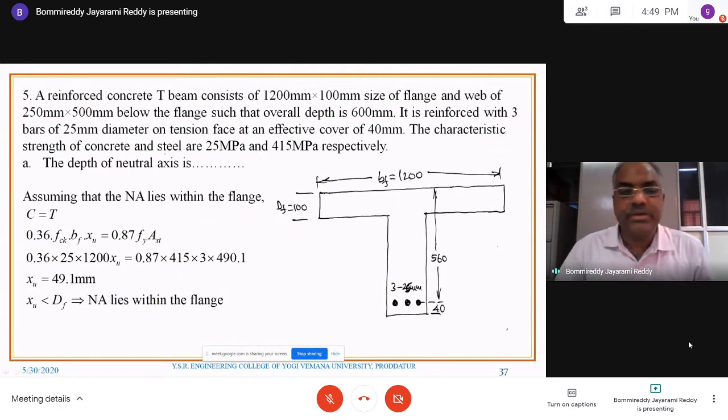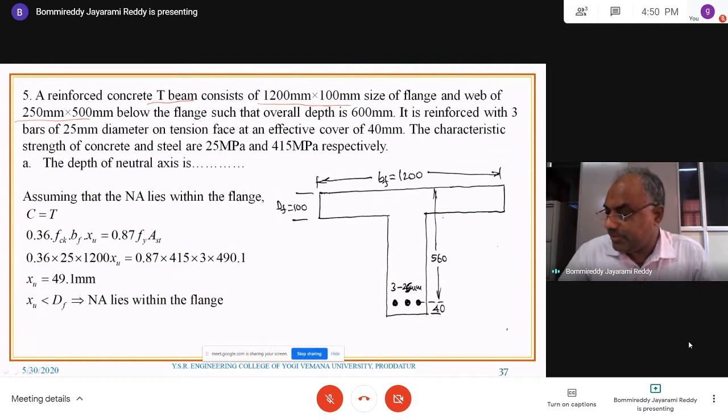Okay, now look at T-beams. A reinforced concrete T-beam consists of 1200 mm by 100 mm size of flange. So BF, B suffix F 1200, DF 100 mm and web of 250 by 500 mm. 250 by 500 mm below the flange.